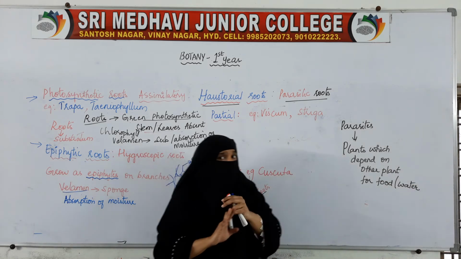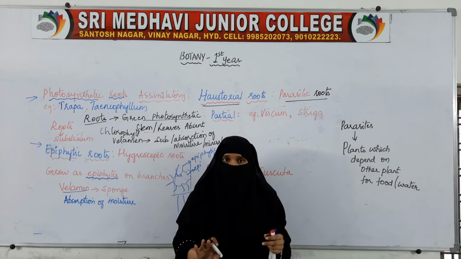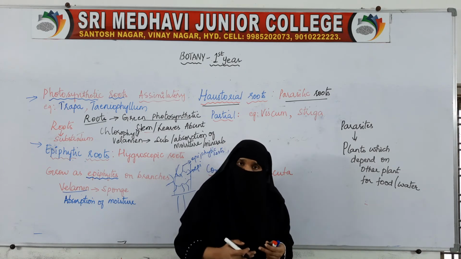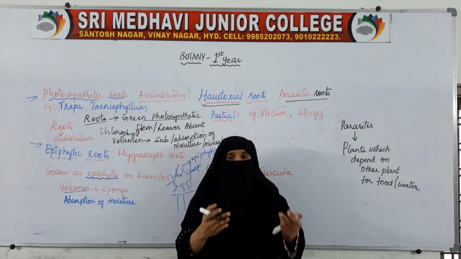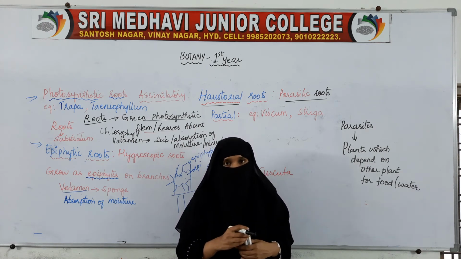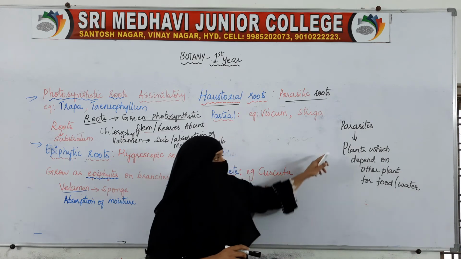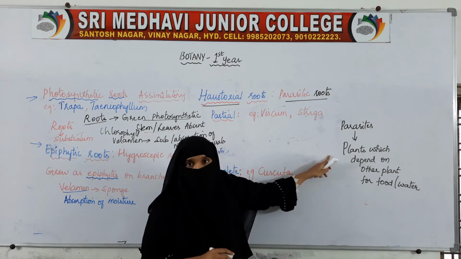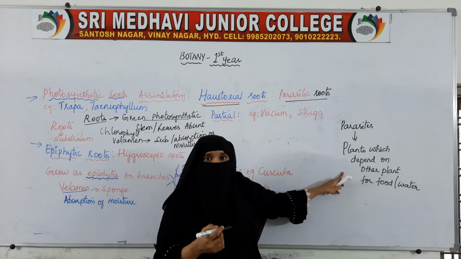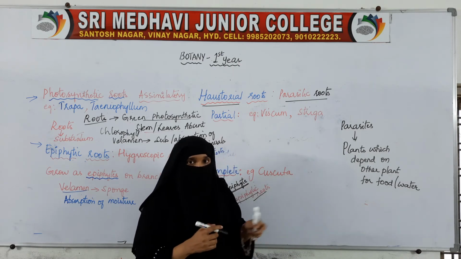Parasites are unable to prepare their own food. So when they cannot prepare their own food, they will be dependent on other organisms for food, on a host plant in which they will be living.